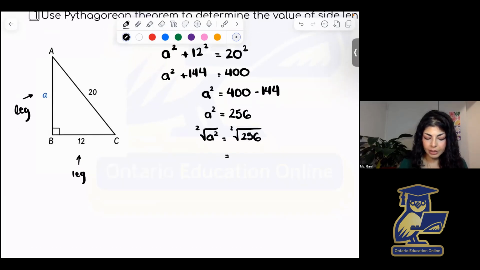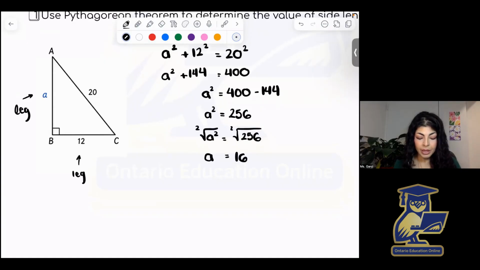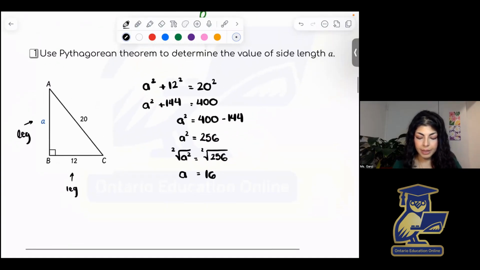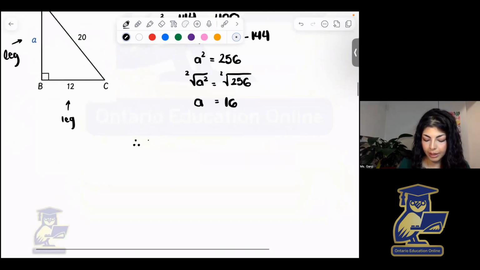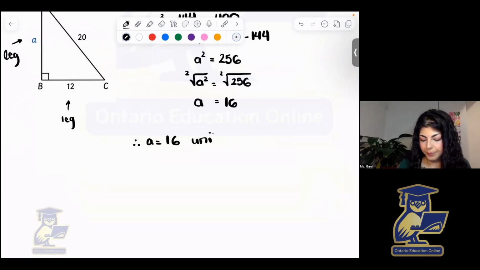And so taking the square root of the left-hand side, so this exponent and the square root will just produce a. And on the right-hand side, we get 16. So the measurement of the side length A is just 16. And in this case, because we aren't given units, we can just say, therefore, A is equal to 16 units.